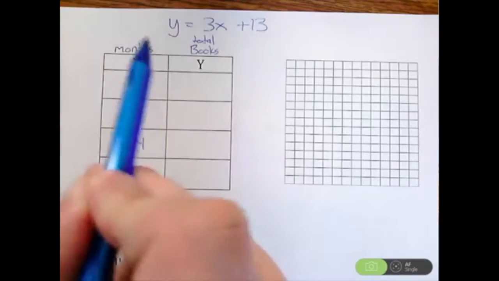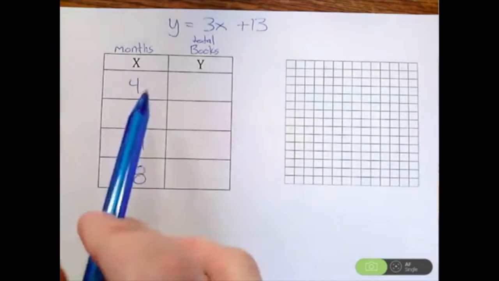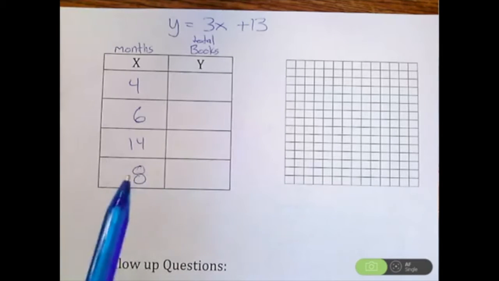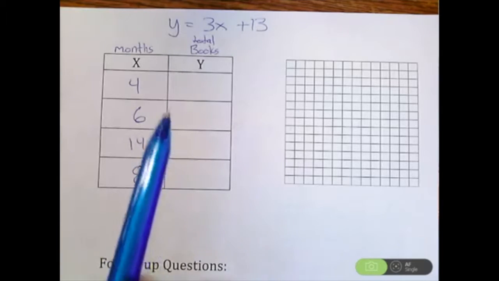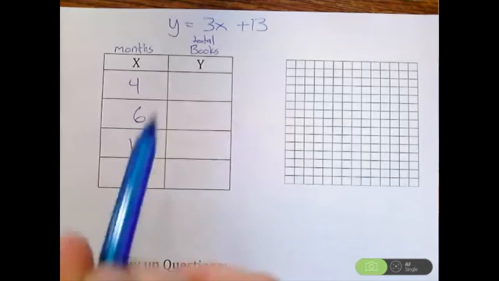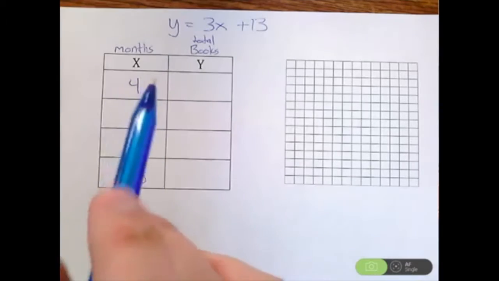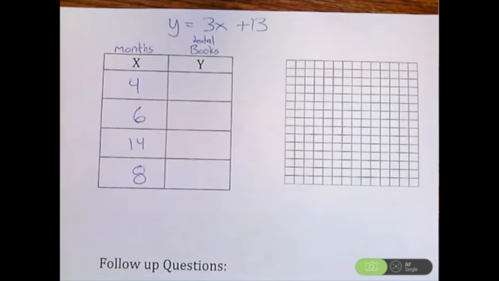Now what you want to think about here is what are some numbers that don't make sense? You don't want to pick numbers that don't make sense. Like if I said 500, 500 months is a long, long time. I'm probably not interested in figuring that out. 4 months, 6 months, 14 or 8 months seems a little more realistic. Anything like 100 or 200 months is a little too big.